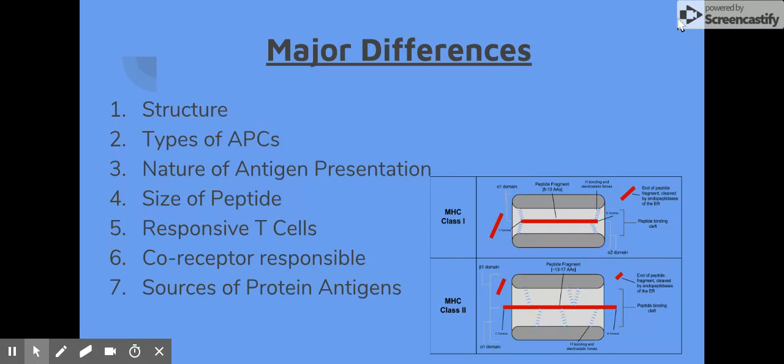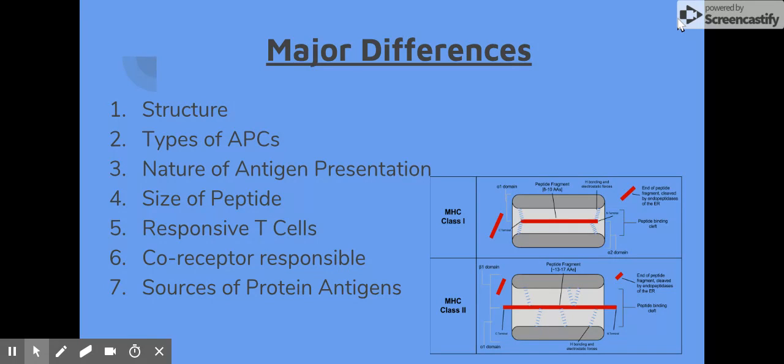And we're going to compare the size of the peptides. MHC class 1 presents 8 to 10 amino acid peptides, and MHC class 2 presents 14 to 18 amino acid peptides.